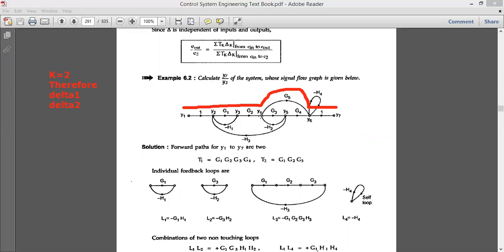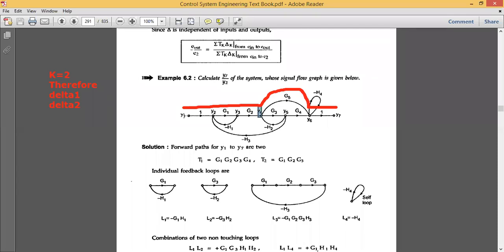Yes, at this point y4, I am connecting it to the loop, so my second loop is also connected to the forward path. My third loop starts at point y2 only, so this y2 is also connected to the forward path. Then the last loop is L4, which starts at this particular point called y6, so that y6 is also touching my forward path.